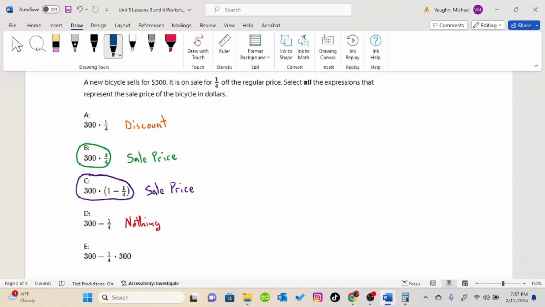So if we take the original $300 price and we subtract the discount, what's left is the sale price. So on this problem, B, C, and E all correctly represent the sale price in different ways.